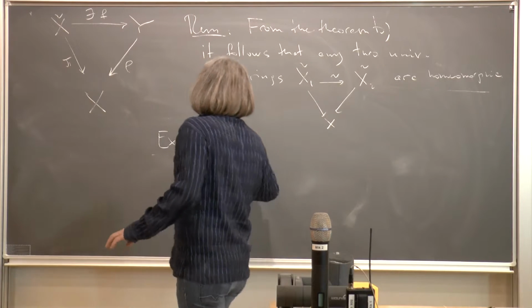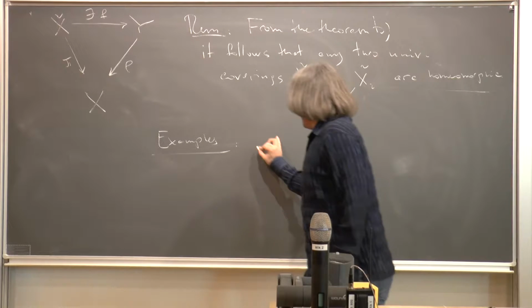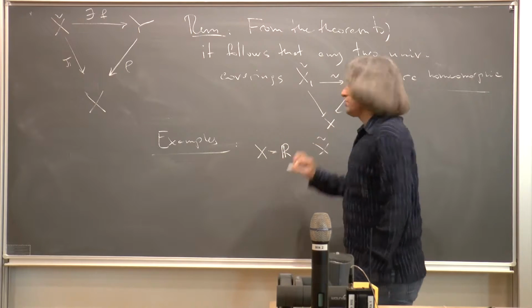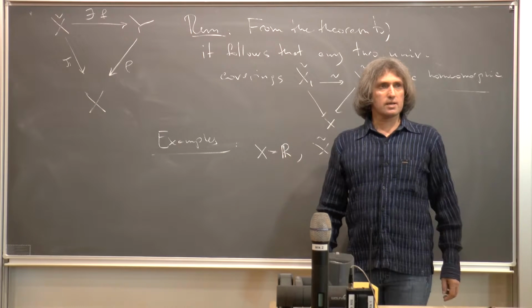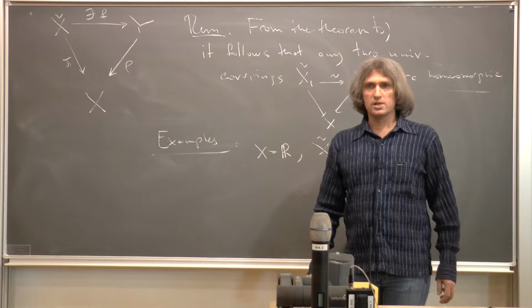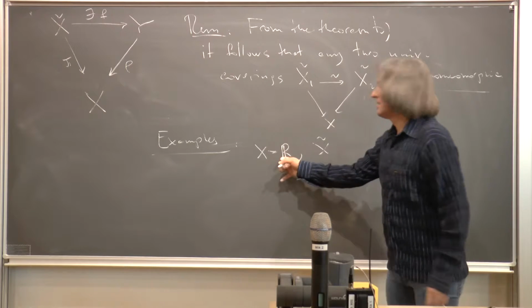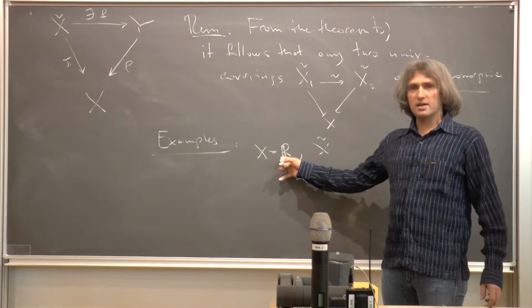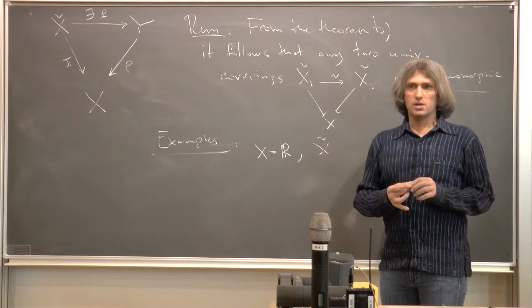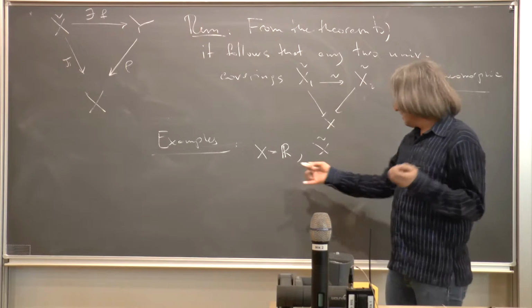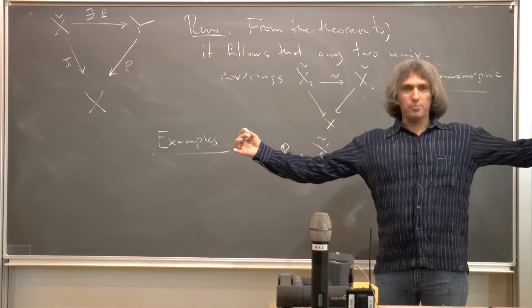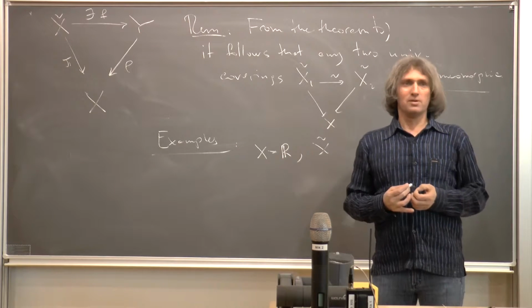So, if x is R, then x tilde is what? Let's try to digest definitions. So if x is R, R itself is simply connected. It's contractible. Right? I mean, okay, it's star-shaped. You can fix the point 0, and then any other point is connected along the line to the point 0.